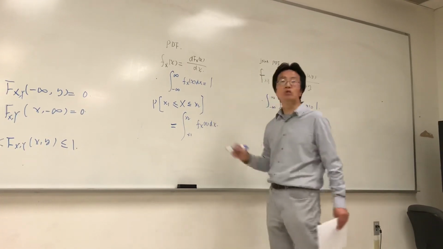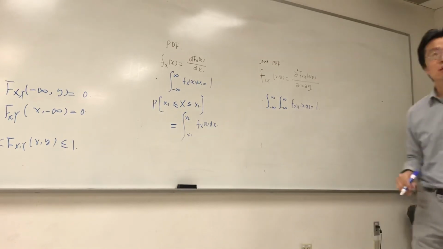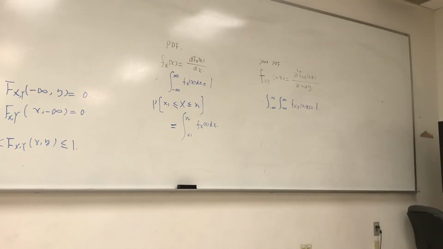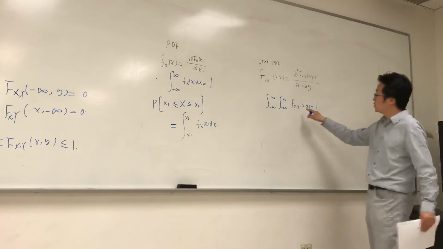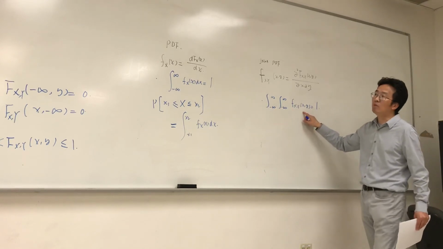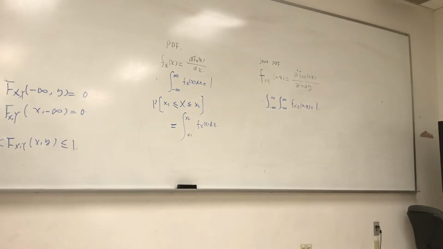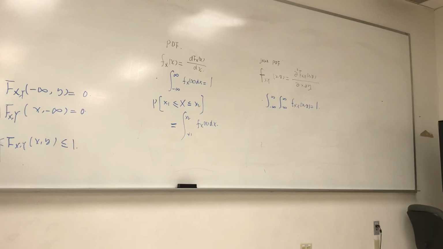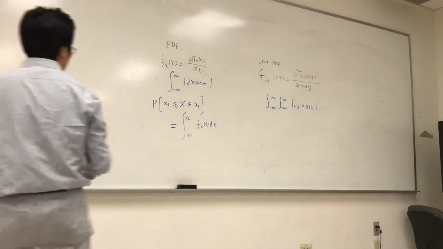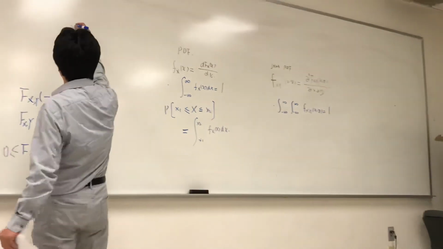This will give us this result. Now, when we talk about two random variables, you can see here the event corresponds to, instead of an interval, a region, right? This represents a region. For example, we might have an event like this.